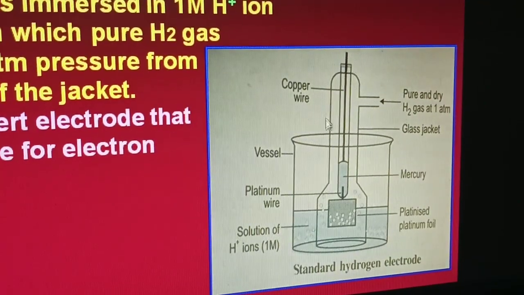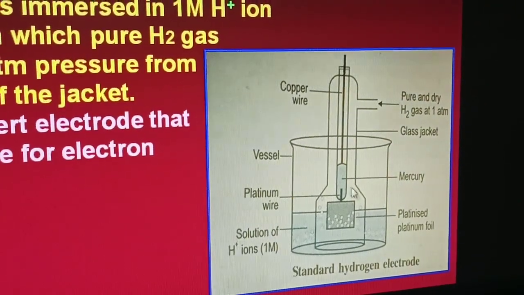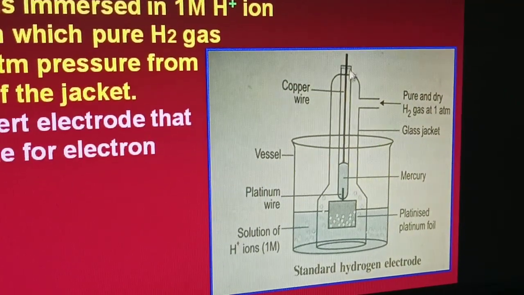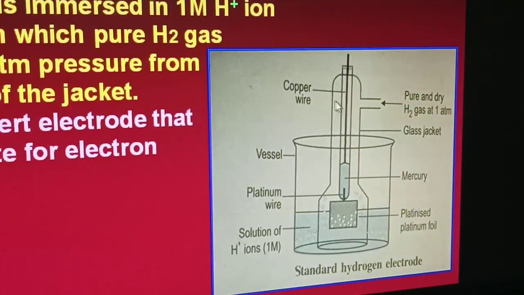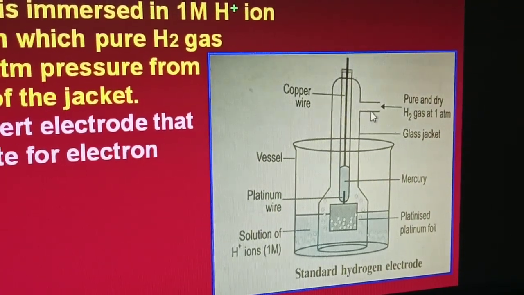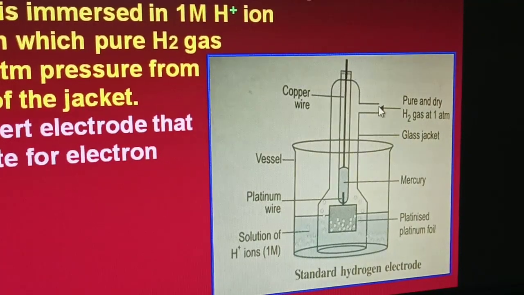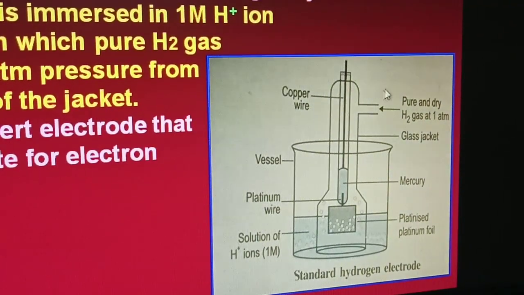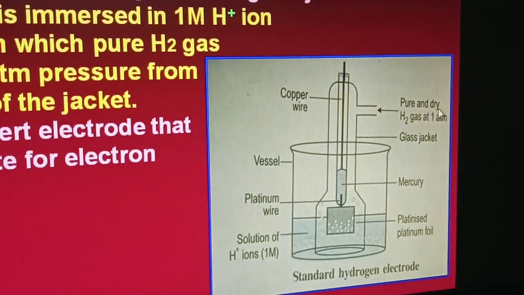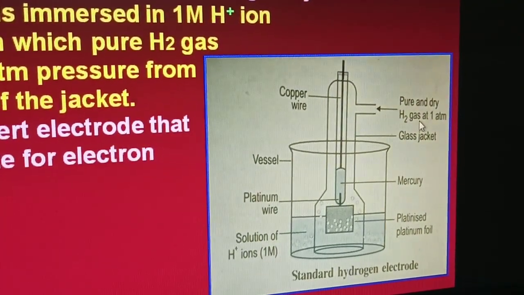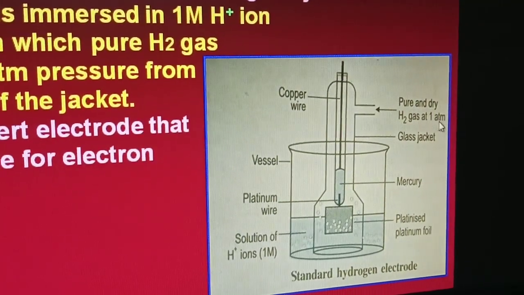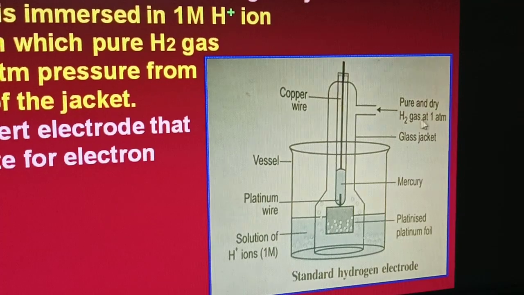It is surrounded by an outer glass jacket. You find this? This is the outer glass jacket. It has a side tube, a side opening. This side opening is reserved to pass pure and dry hydrogen gas whose pressure will be maintained exactly 1 atmosphere.